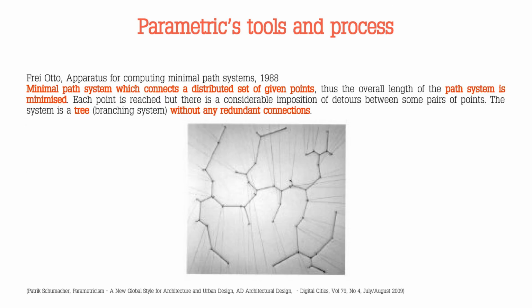This is very clear in another experiment made by Frei Otto in 1988, which is also extremely beautiful because in this case, Frei Otto analyzed the minimal path system which connects a distributed set of given points. What does it mean? It simply means that on a certain surface there exists a series of points.